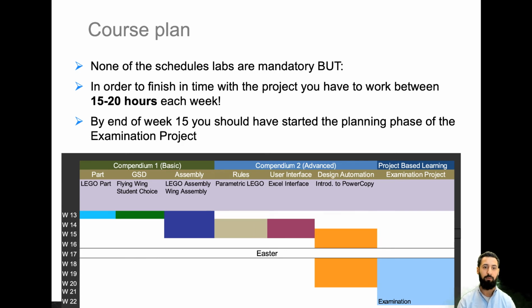So basically, we work with a basic part of the course in 2 weeks, and then the advanced part of the course where you work with parametric Lego, Excel interface, and then introduction to Power Copy, which is the actual design automation part. That is 1, 2, 3 weeks.